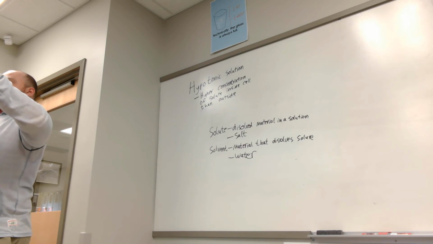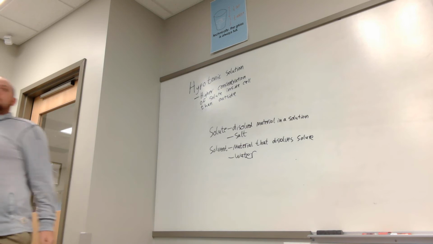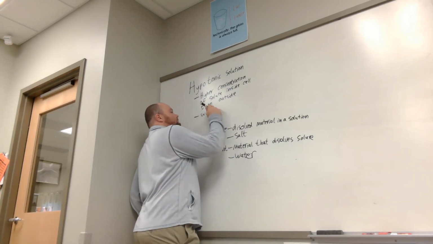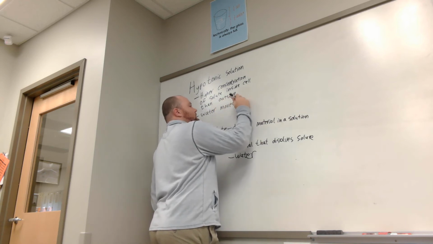So what are we going to try and do to get those concentrations equal? If we can't put salt out, what are we going to put into the cell? More water to lower that concentration. Okay? So, water moves into the cell.